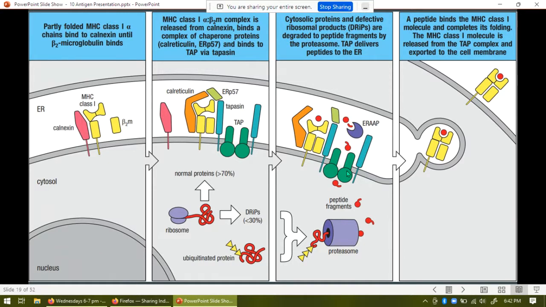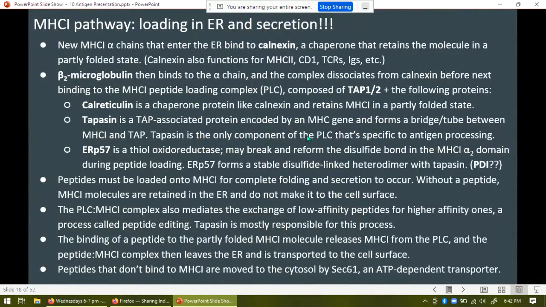And when you do that, you don't get any peptides imported into the ER, so MHC1 just sits there. And it accumulates in the endoplasmic reticulum to a really large number. And it eventually crystallizes and explodes the cell. So MHC1 is literally not allowed to leave the endoplasmic reticulum unless it is bound to a peptide.